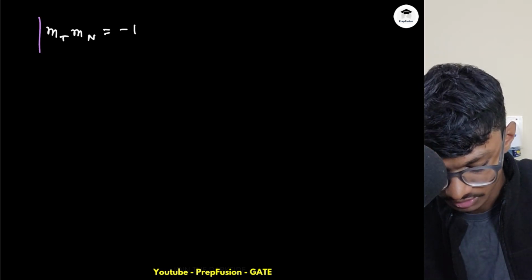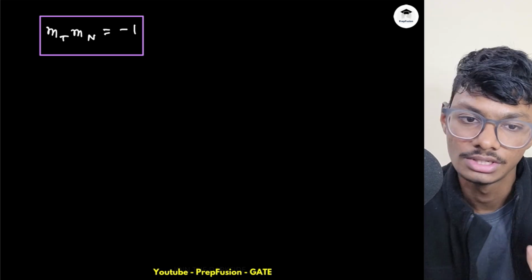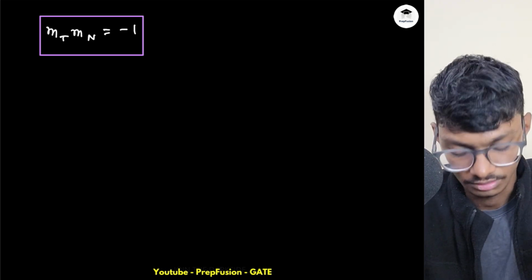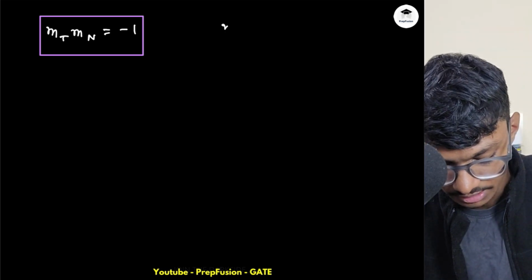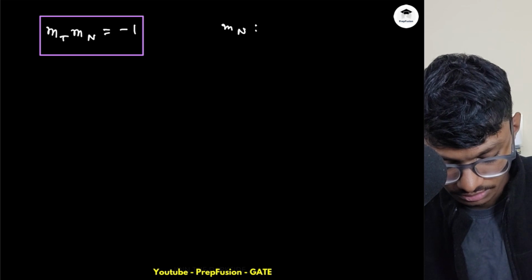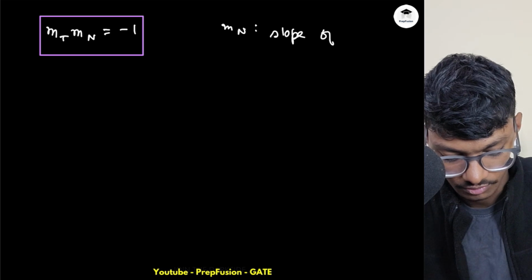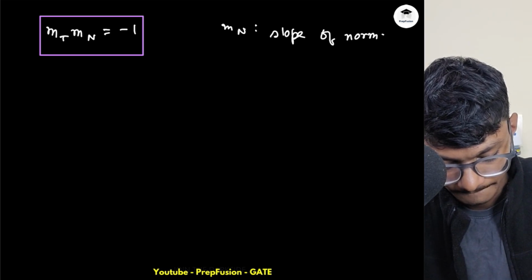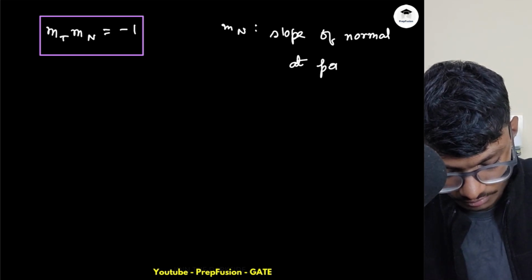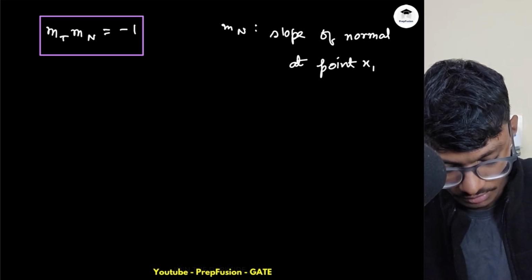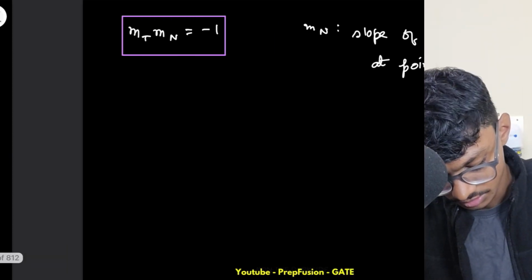This is a very important thing, you have to remember this, no matter what, because it may be handy in some other question also. So the multiplication of slope of normal and tangent is -1.